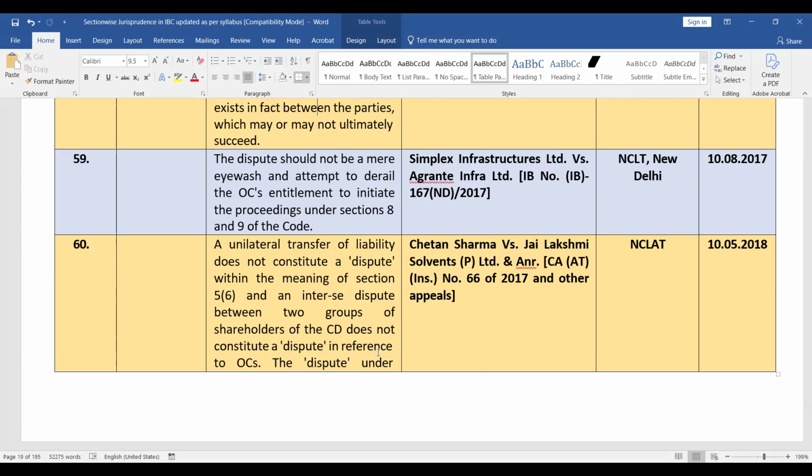A unilateral transfer of liability does not constitute a dispute within the meaning of section 5 subsection 6, and an interstate dispute between two groups of shareholders of the CD does not constitute a dispute in reference to OCs. मतलब अगर मान लो आपने कोई लाइबिलिटी यूनिलेटरली ट्रांसफर कर दी, तो ये डिस्प्यूट नहीं है. ठीक है. या मान लो there is a dispute between two groups of shareholders, तो वो भी डिस्प्यूट में नहीं आएगा.